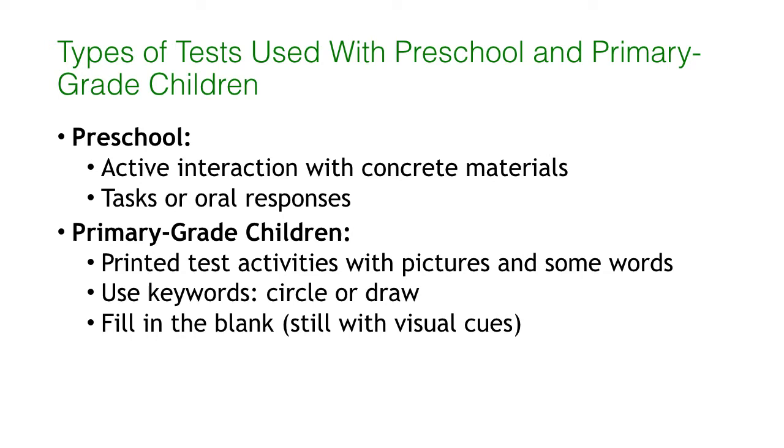And instead of physical or oral responses, the child can use a pencil with a printed test like a simple worksheet. But because they are beginning readers and writers, for the written test, the teacher can use circle or draw, right? Not to make them write whole words or sentences or fill in the blank, too many blanks.